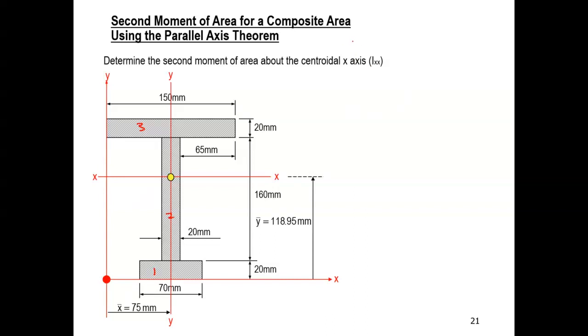So how do I find the centroid of this one? That is quite simple. So y bar is what we need to find. So I'm breaking that into three shapes. For each shape, I have to find y hat bar 1 multiplied by area 1 plus y hat bar 2 multiplied by area 2 plus y hat bar 3 multiplied by area 3, and divided by A1 plus A2 plus A3.